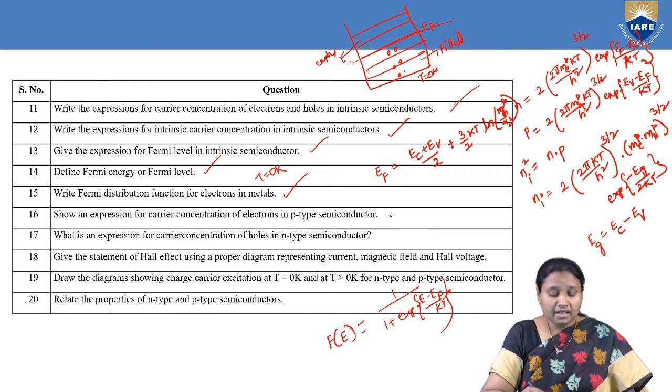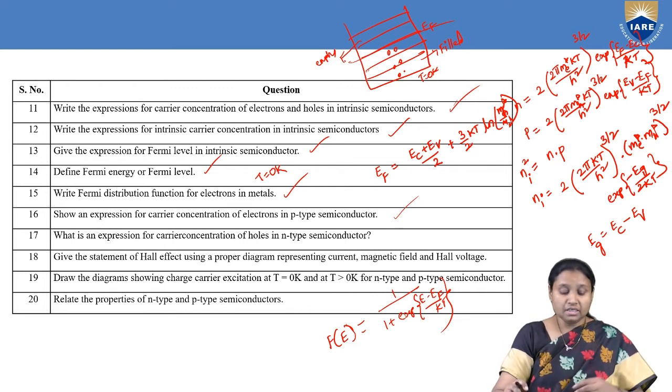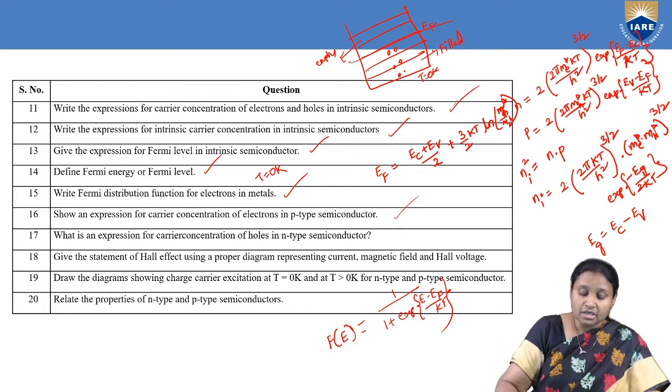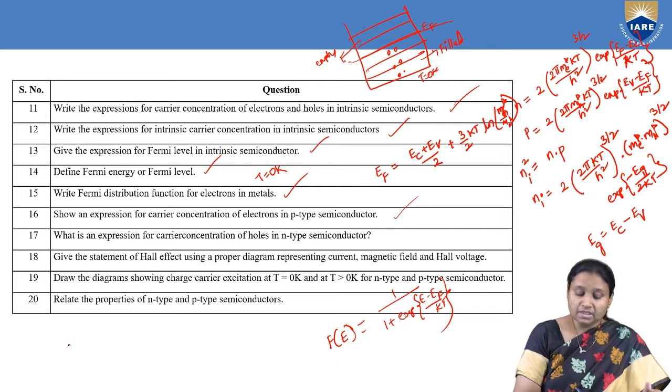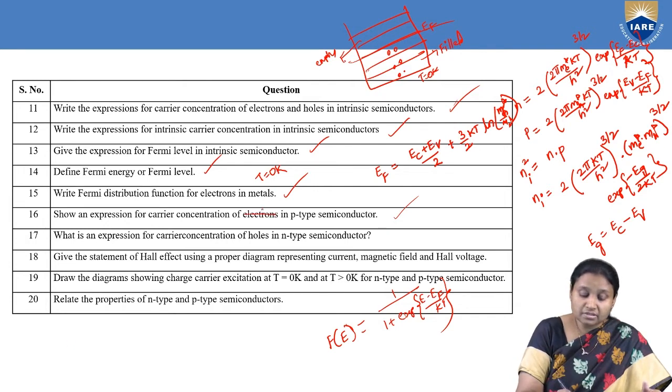Now show an expression for carrier concentration of holes in p-type semiconductors, and of course carrier concentration in n-type semiconductors. When we are talking about p-type semiconductors, we talk in terms of holes, and when we talk about n-type semiconductors, we talk about electrons.